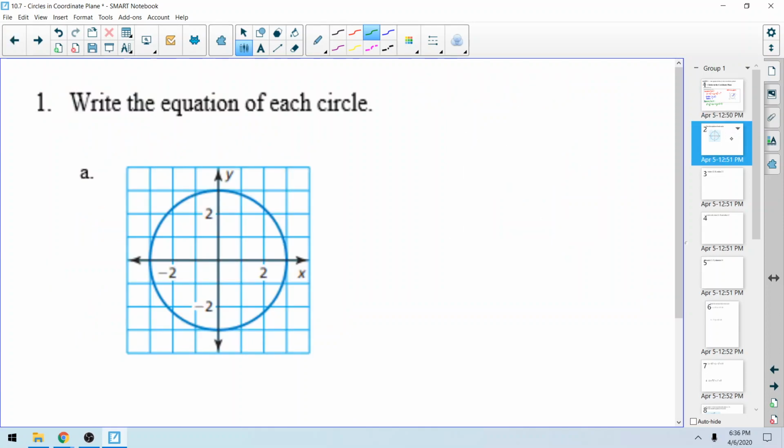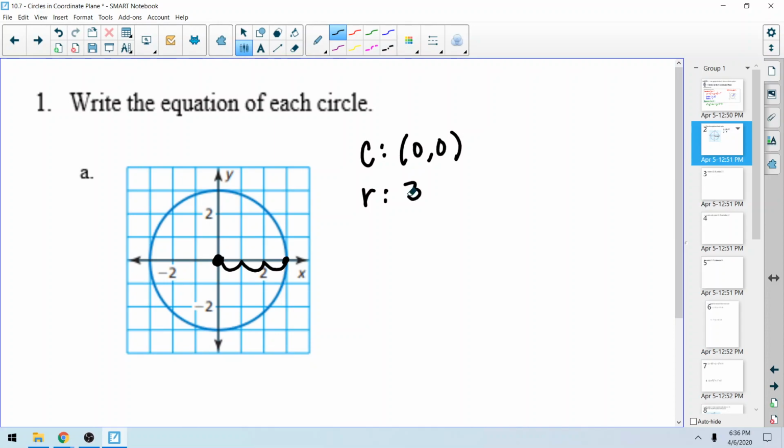Okay, first couple examples. Write the equation of each circle, and we're going to write it in standard form. So the first thing we're going to identify is the center, and we're going to identify the radius. On this picture, your center is at 0, 0. Your radius then comes out 1, 2, 3.